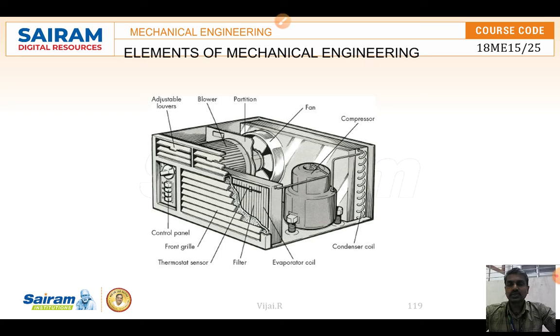In this case we can see the air conditioner. This is the cut section view of the air conditioner. On one side is the evaporator side, and on the other is the condenser side. What is an evaporator, and what is a condenser? The evaporator is the device or area used to evaporate a liquid, and the condenser is the device used to condense, or cool, the vapor back to a liquid.